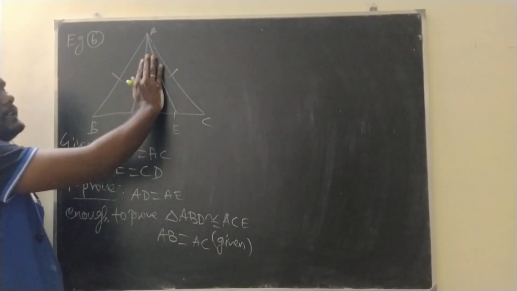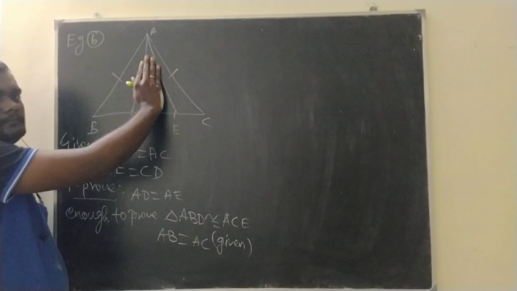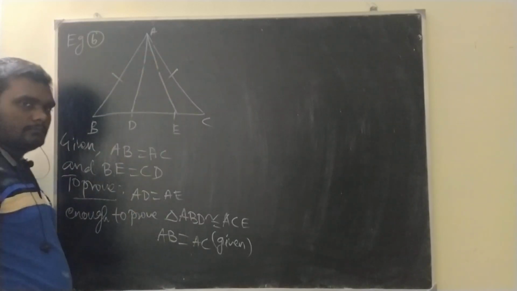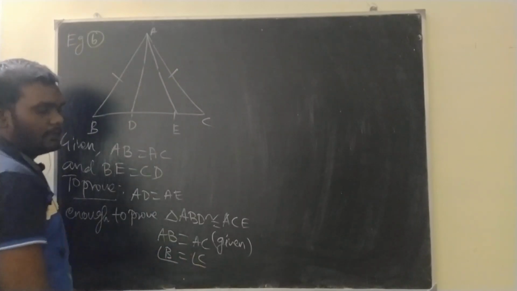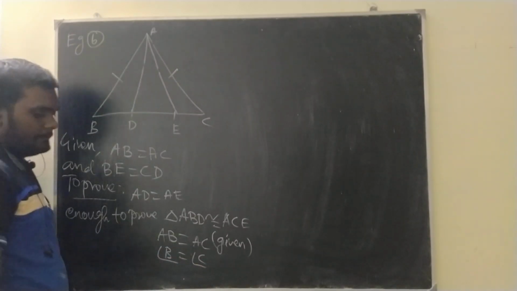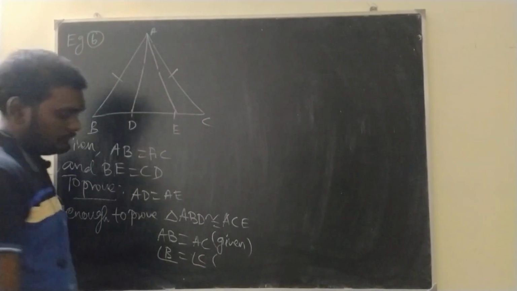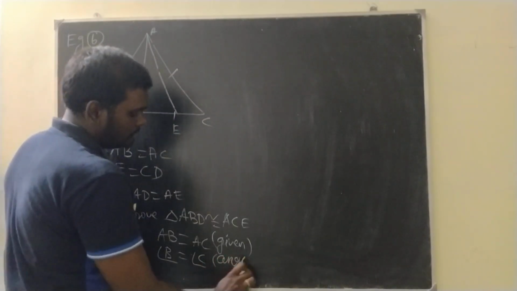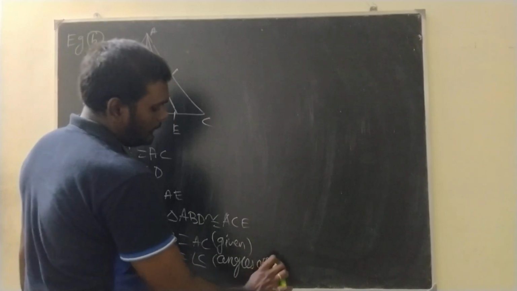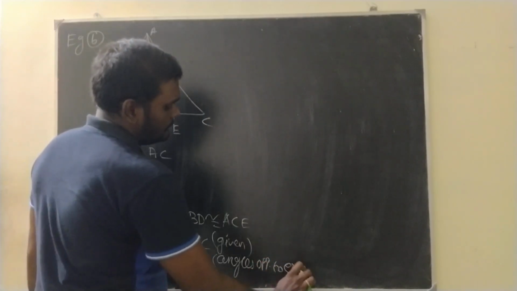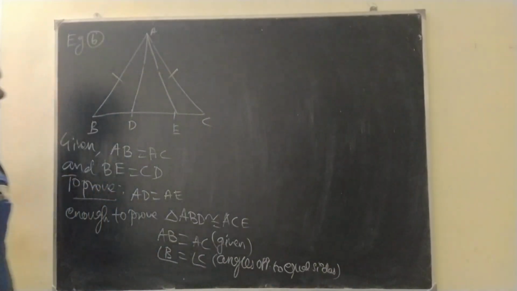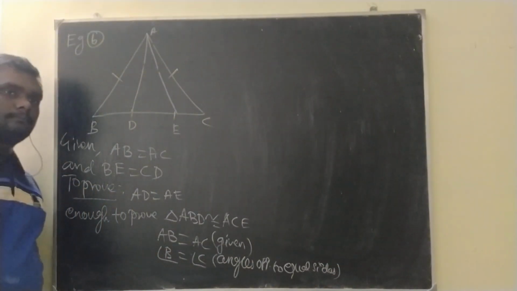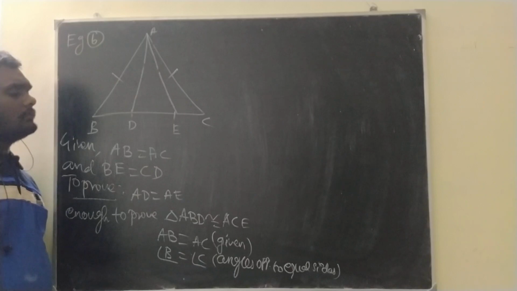You just ignore these two lines and say angle B is equal to angle C. Why? Angles opposite to equal sides. And then only two things we have equal.